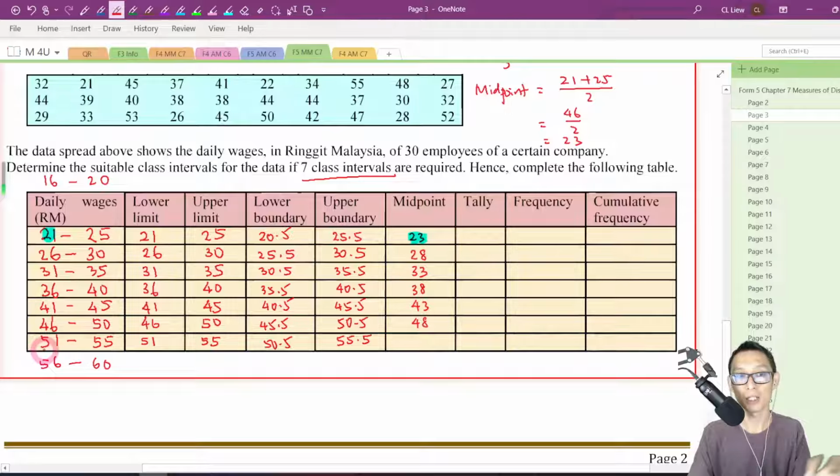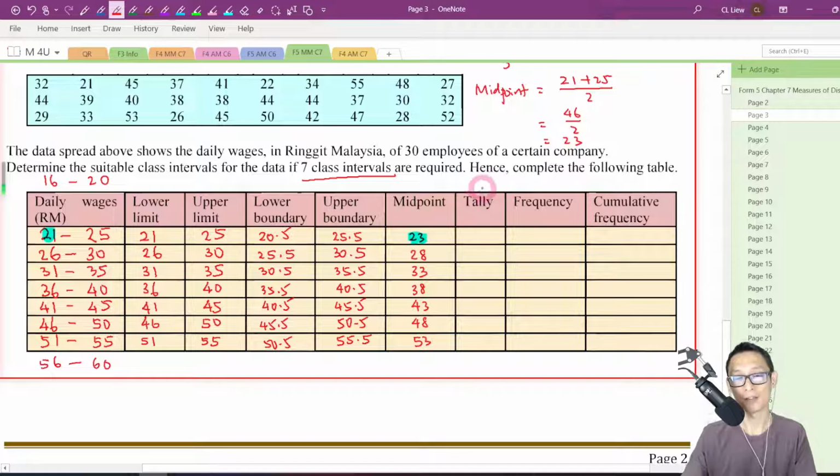And 51 plus 2, 53. For our safety, because we are adding this way, we worry that we will make a mistake. So for the last class interval, let me calculate again. 51 plus 55, then divided by 2, okay, 53, correct. So this is how we get the midpoint of every class interval.